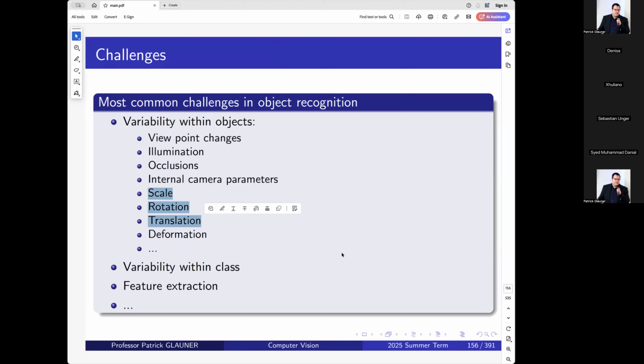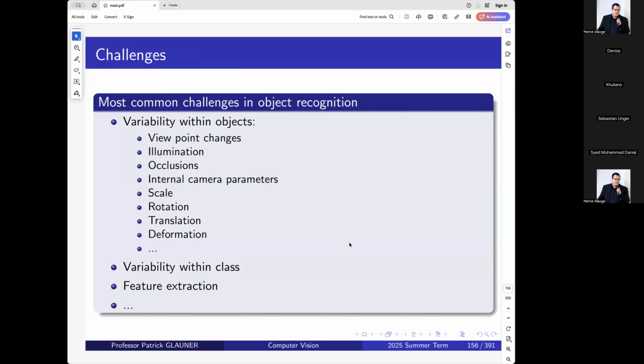So these are some variations we have already seen a few times in this course, but there can be more complex ones like occlusions. Maybe the object is partially occluded by others in the image. Or illumination. Based on the illumination, the object will appear differently. We can also change a viewpoint. There are also internal parameters of our camera that can lead to distortion or variation.